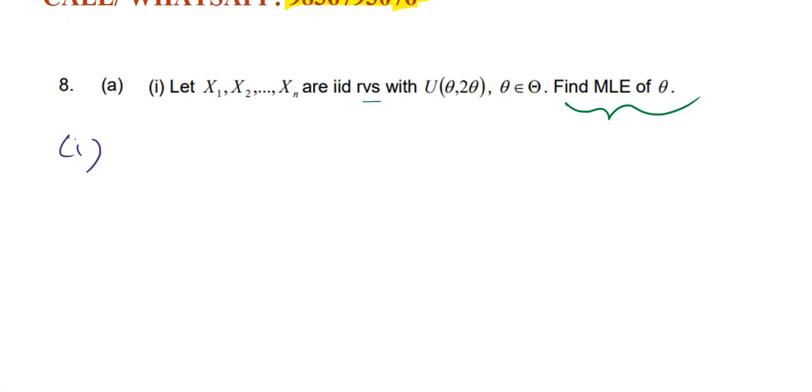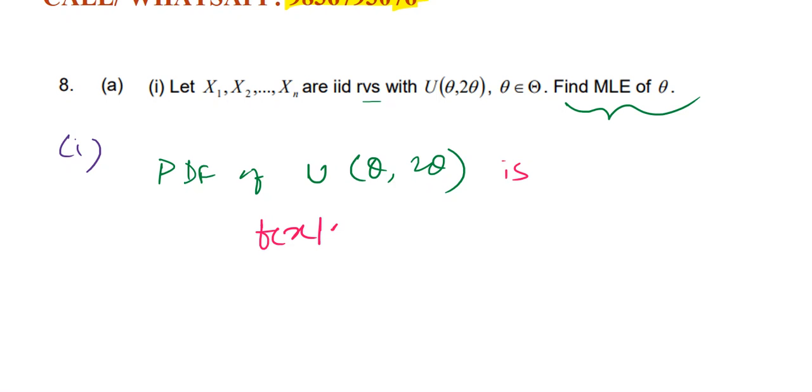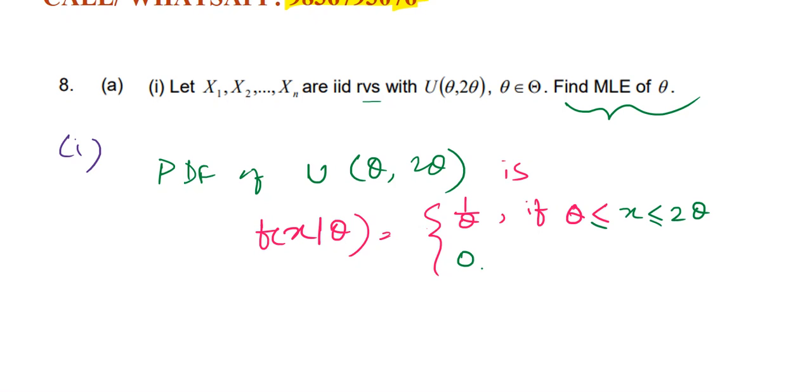The PDF of uniform distribution theta comma 2 theta is f(x; theta) equals 1 by theta, if theta less than or equal to x less than or equal to 2 theta, and 0 otherwise.